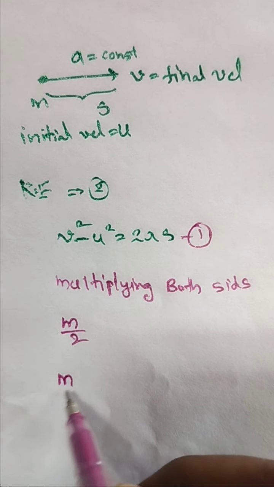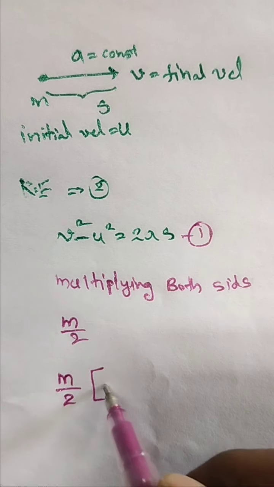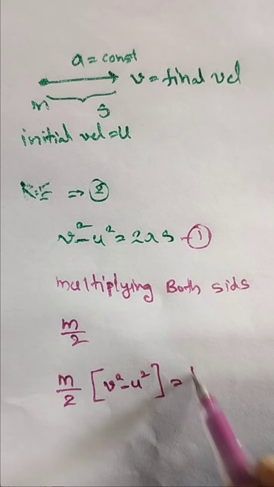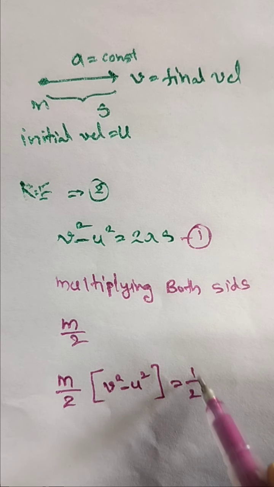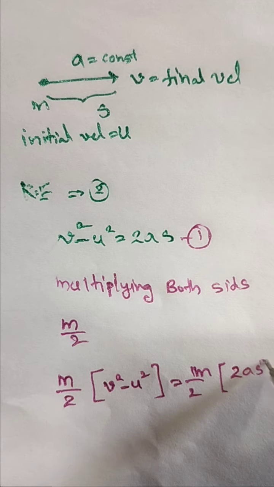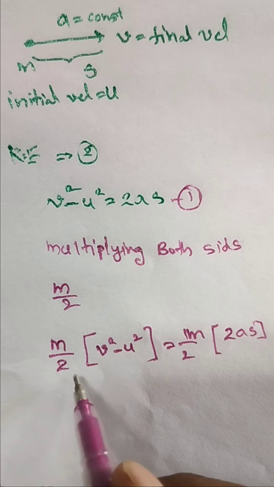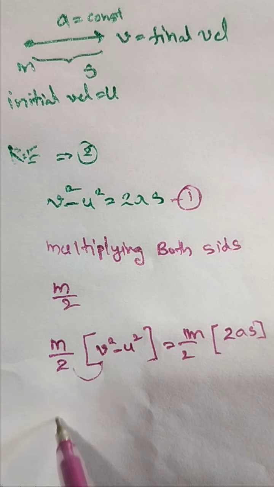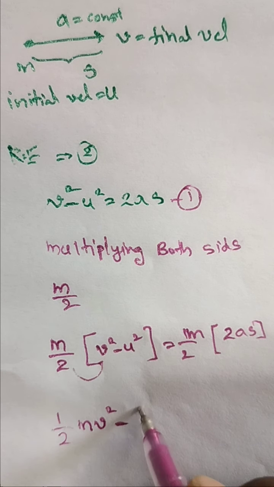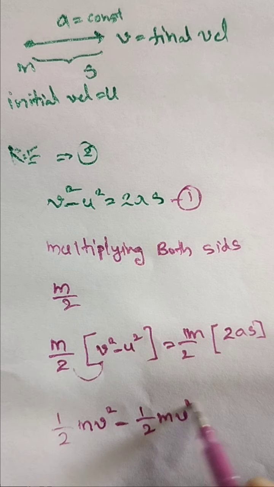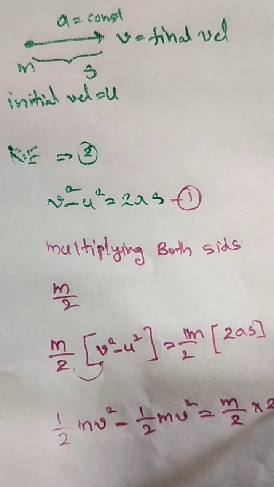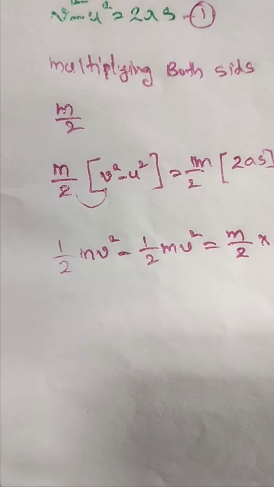So m by 2 into v square minus u square is equal to m by 2 into 2as. Separately, we can write 1 by 2 m v square minus 1 by 2 m u square is equal to m by 2 into 2as.